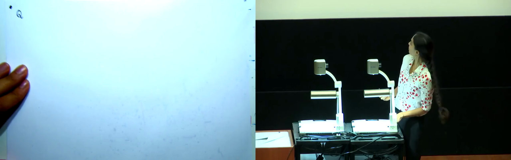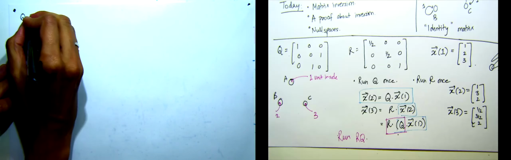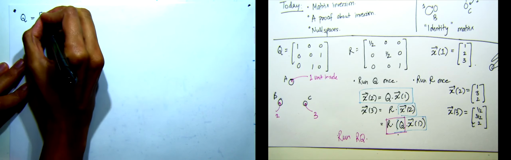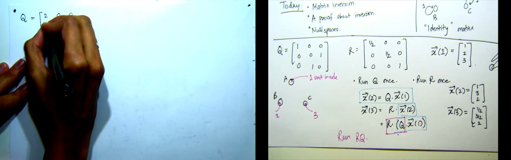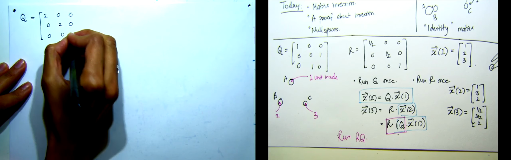So now, what if I have another transition matrix? 2, 0, 0, 0, 2, 0, 0, 0, 2.